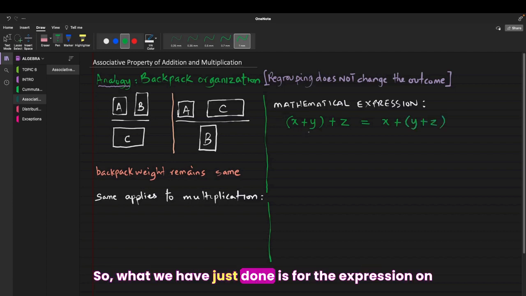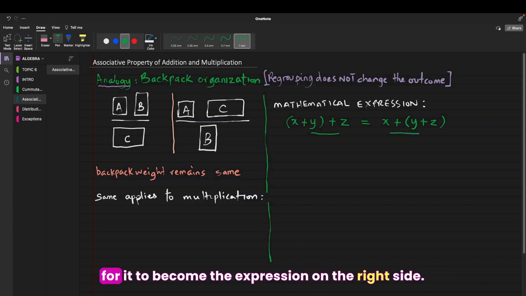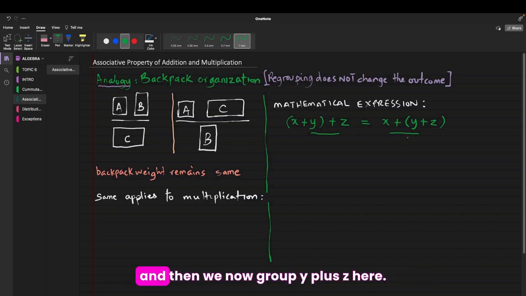So what we have just done is regroup the expression on the left side to become the expression on the right side. In other words, we grouped x plus y here, and then we now group y plus z here. So the associative property implies that regrouping does not change the outcome.